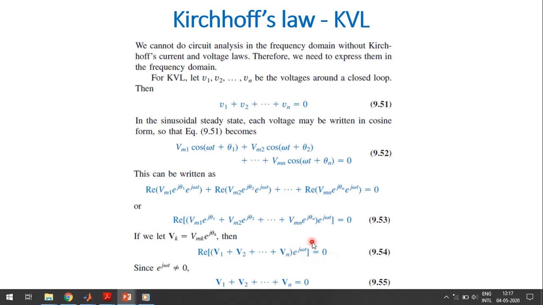We know that the exponential term is not 0, because if omega tends to 0 then that becomes DC, so this will not be equal to 0. The only possibility is that V1 plus V2 plus etc. up to Vn will be equal to 0. So this V1, V2, Vn are all in phasor form. So this is Kirchhoff's voltage law.